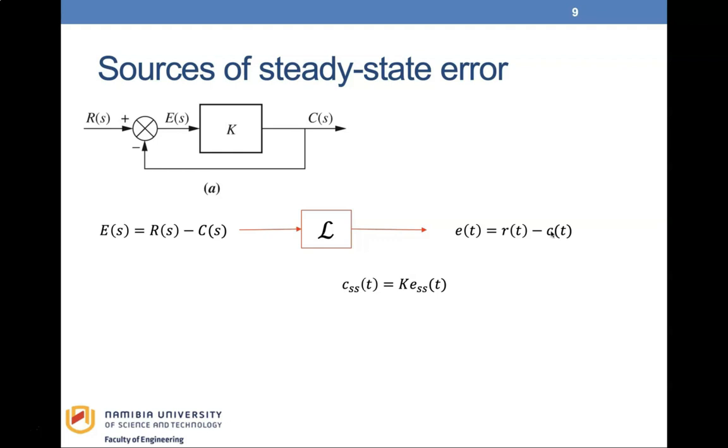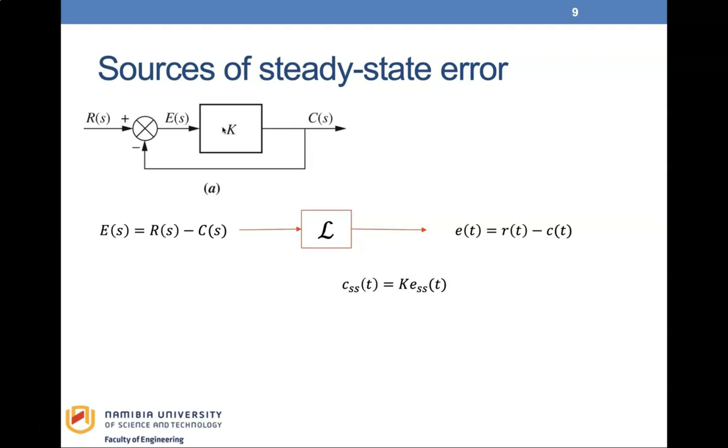But with the pure gain K, the error signal cannot be 0 if c(t) is finite and non-zero. We can then see that due to the gain K in the system, a steady state error will exist.